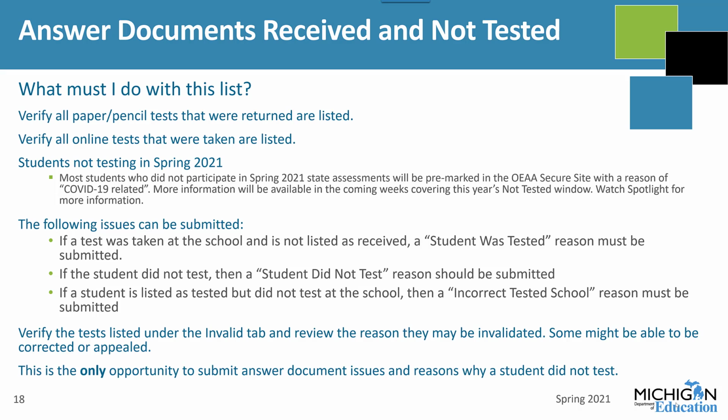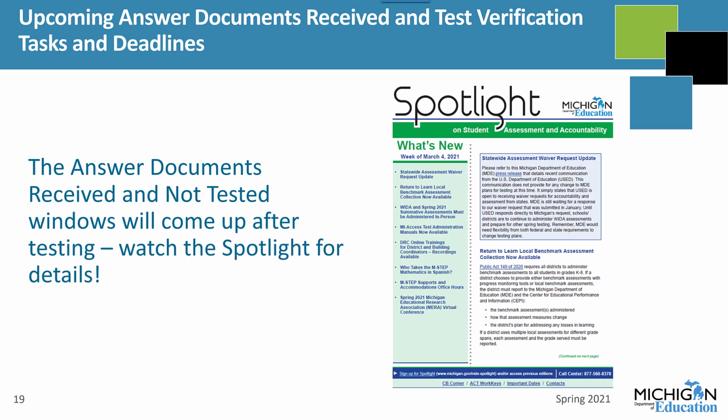This is the only opportunity to report any possible issues that could be resolved and to submit a reason why a student did not test for a possible accountability exemption. The answer documents received and not tested windows will come up after testing is over. Again, make sure that you receive the spotlight each week for updates.